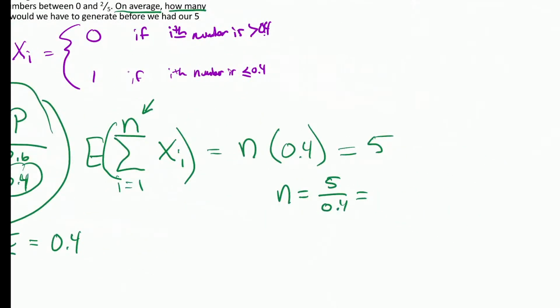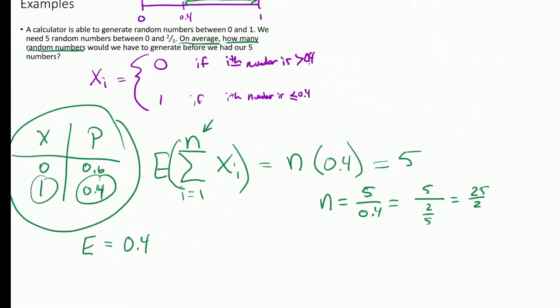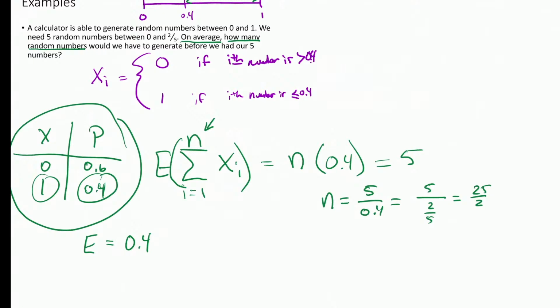And 5 over 0.4 is 5 over 2/5, which is 25 halves. So the expected number of times I'm going to have to do this is 25 halves, 12 and a half times. Realistically, I could say I should expect to have to do this 13 times, but technically 25 halves, 12 and a half, is the right answer.